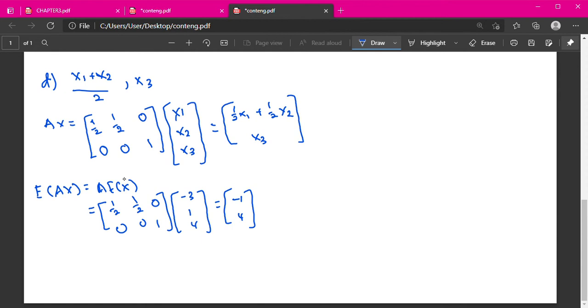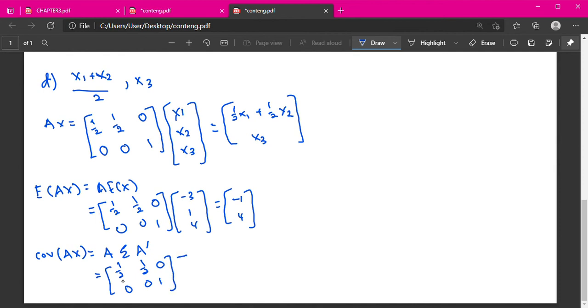Okay, and then the next one we need to find the variance covariance matrix of AX, which is we use the properties that we have learned before this, which is A big sigma A transpose, right? So it is 1 over 2, 1 over 2, 0, 0, 0, 1.